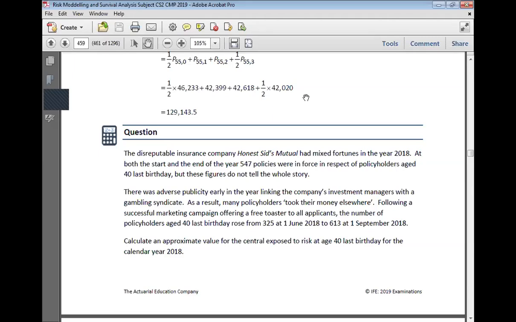So 325 is almost 200 down, and 613 is only 100 up. That is actually a very good thing. You are thinking in the correct direction. So we expect that our central exposed to risk will be a bit lower, right? So let us try to figure out how we will work out our central exposed to risk in this particular situation.